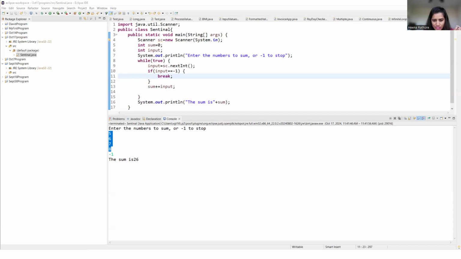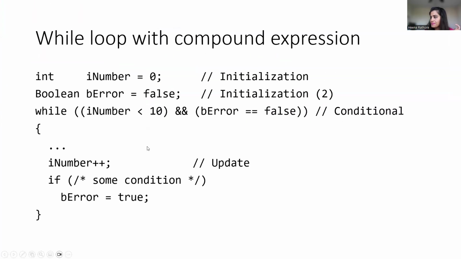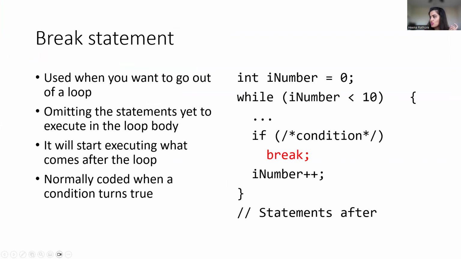Let me share a certain example for you. In this case, this specific loop, if you will see over here, you are taking an i number, which has initially been initialized to 0, and you are checking whether the i number is less than 10. If it is, and if a specific condition is reached, then you want to break it.